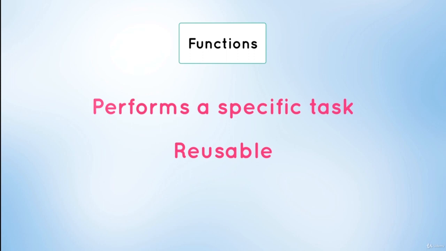How do we define a function? Simple. To define a function, start with the def keyword. As in, we're defining a function. We're declaring a function definition. Then comes the name, the function name. I want to define a function that calculates the area of a rectangle, so I'll call it rectangle_area.